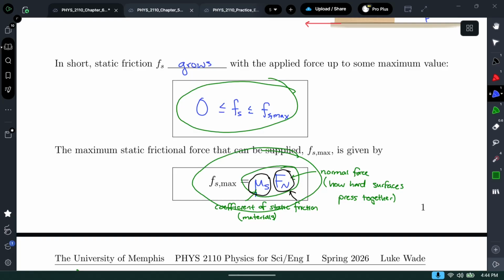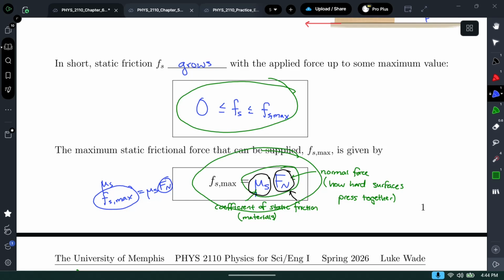So the most friction you're going to get, yes. The coefficient of friction is just a description of two materials. That one doesn't change with the angle. But the maximum overall frictional force that you can get does change as the angle increases, because the normal force changes as the angle increases. It gets smaller, so the most friction you can get out of that surface does get smaller the steeper the surface is.